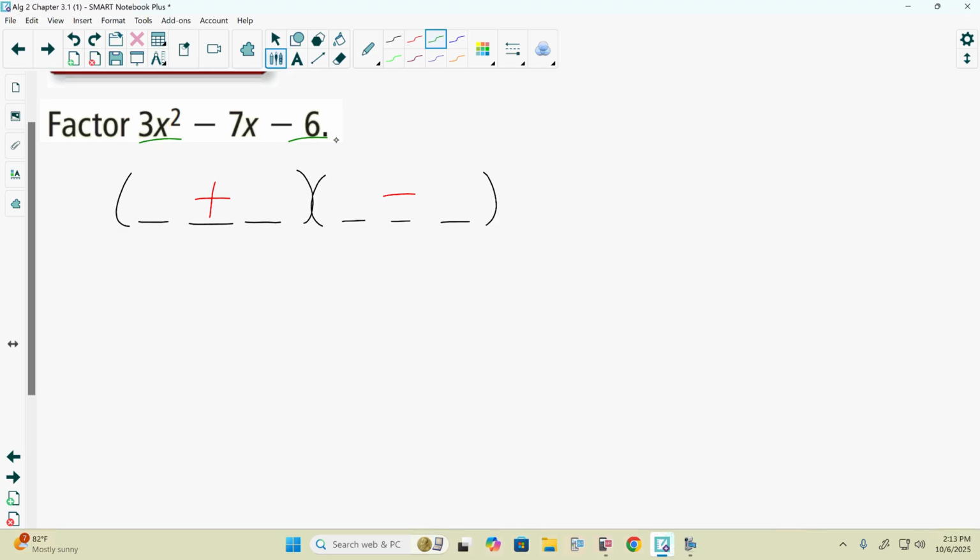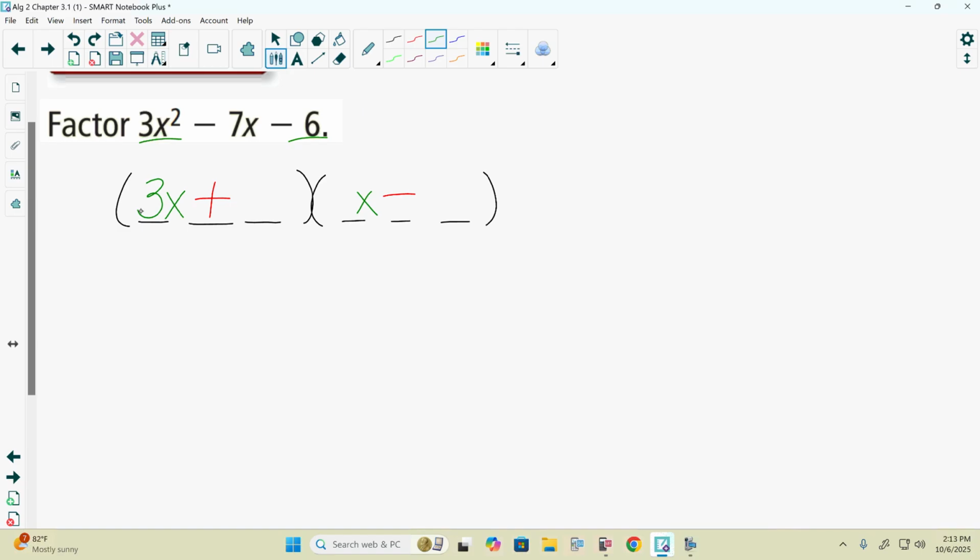Now at this point here, we need to find the factors of the first and third term. First term is 3x squared. Well, x squared we know is going to have to be x and x. Factors of 3 are 3 and 1, 1 and 3. Now we could have written it out to the side that we have x, 3x and x.